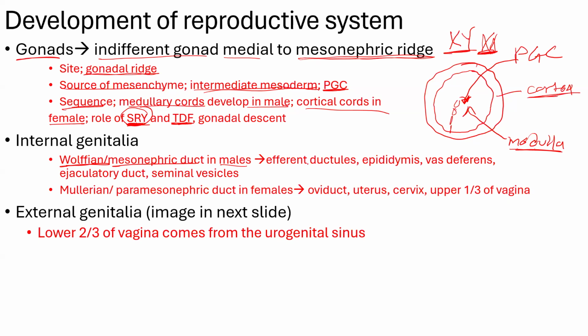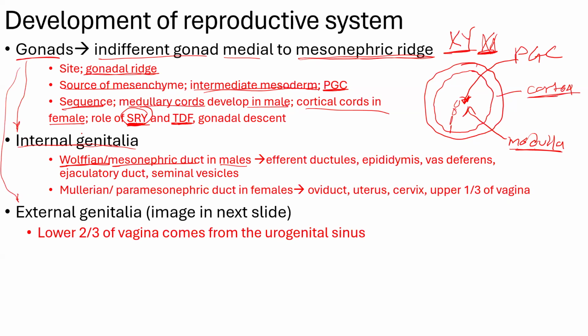So under the influence of the testis, it is the testis which now dictates the development of the internal genitalia. Okay, so the gonads have to develop first, and then they direct the development of the internal and also external genitalia.